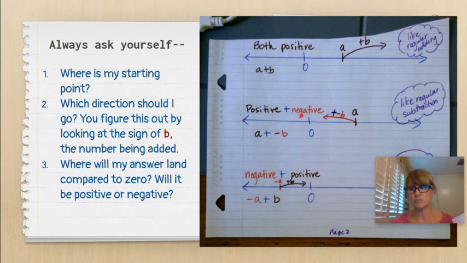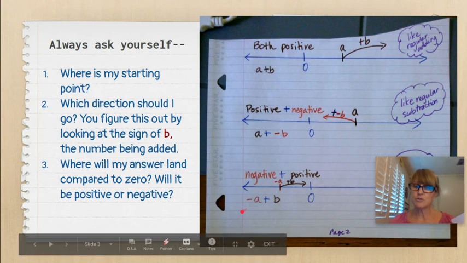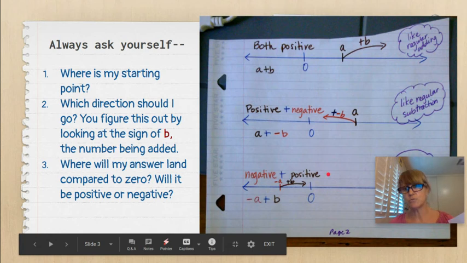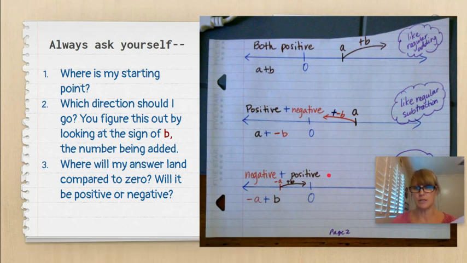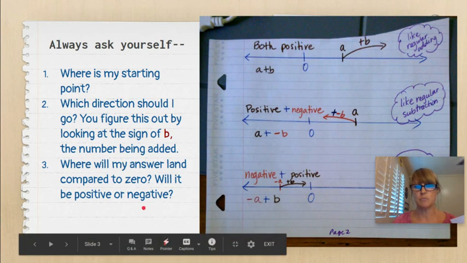It's like regular subtracting. And then if you're starting with A and A is negative and you're going to add a positive number to it, you're going to go to the right. That one can be a little tricky, so we'll talk more about that one. But you want to think about which direction am I going to go and where will my answer land compared to zero? Will my answer be positive or negative? And we'll talk more about that.